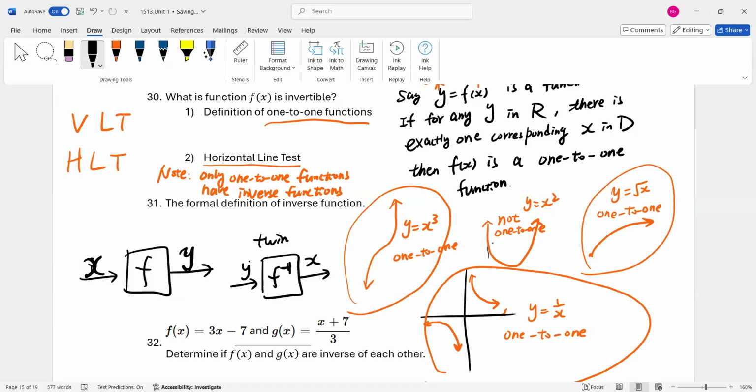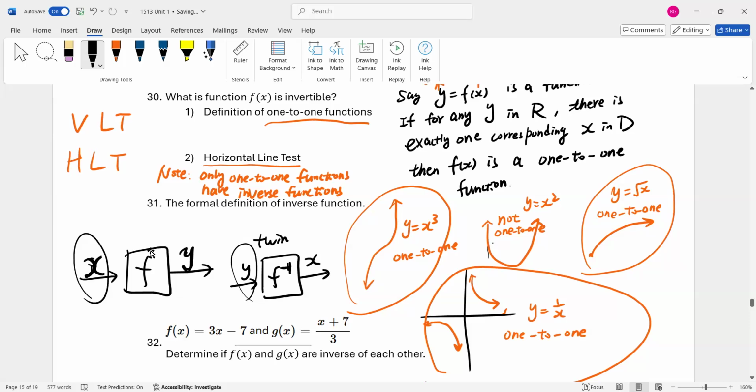So you can understand an invertible function as a machine that has a twin machine. That twin machine produces exactly the input, the x, for any given y. So like you can reverse.